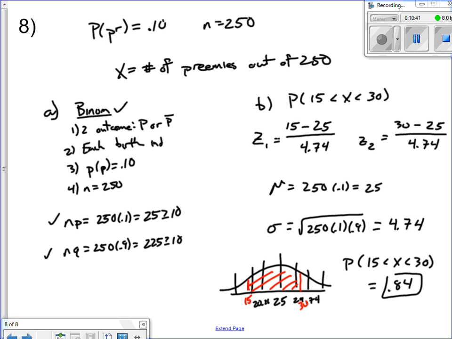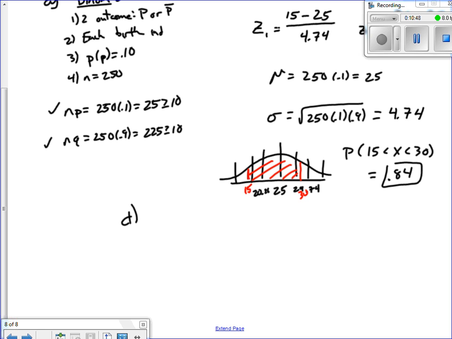And then for part D, what's the probability that we have fewer than 20 premature births out of the 250 live births? So again, critical value is 20. We just saw the mean is 25. The standard deviation is 4.74.